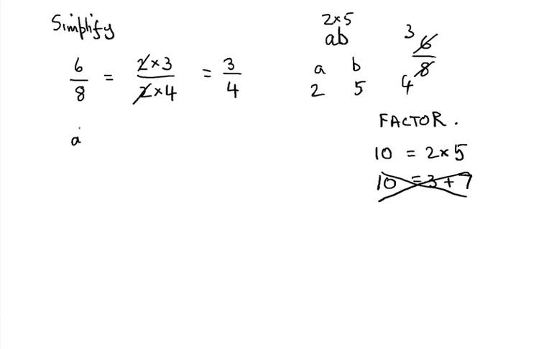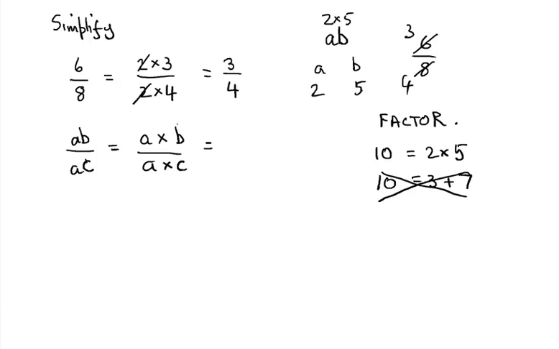Now we could, in a similar way, look at the fraction AB over AC. And if we're comparing the numerical case above, A would be 2, B would be 3, C would be 4. It's just the same, except we have letters instead of numbers.